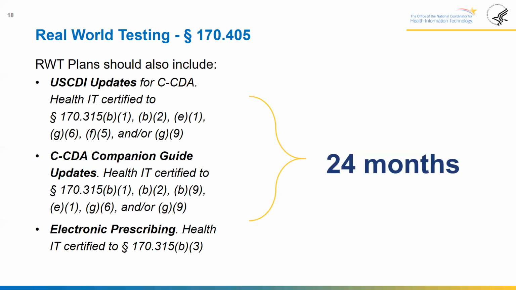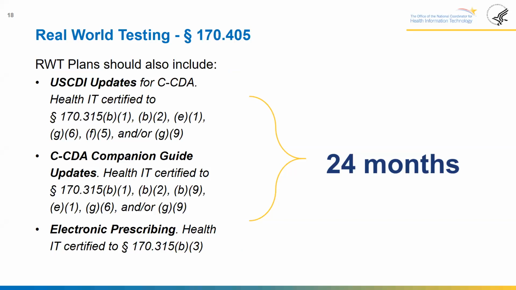There are a number of other things that you will find within the real world testing section. They are indicative of things that will need to be included within the real world testing plan, and they primarily refer to a number of standards that need to be updated. Those need to be addressed within the real world testing plan.